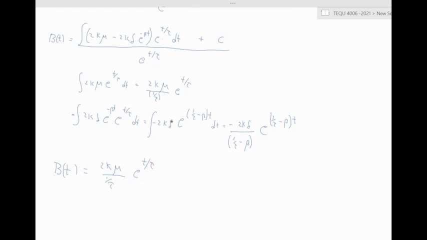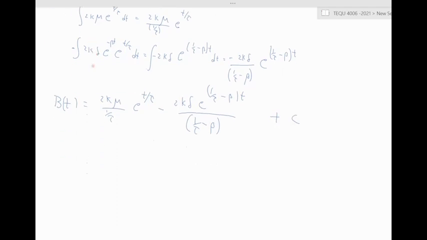Now minus the other part is going to be 2k delta e to the 1 over tau minus beta times t, sorry, all that part divided by 1 over tau minus beta. That's it. Now I have plus c. Now remember that if we apply an integration factor, everything has to be divided by the integration factor, that is e to the t over tau. There we go.